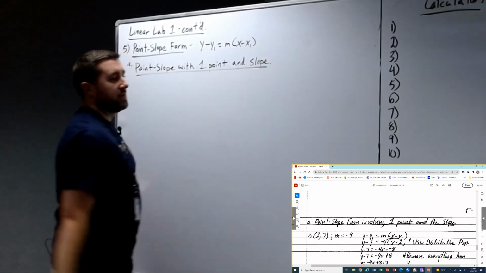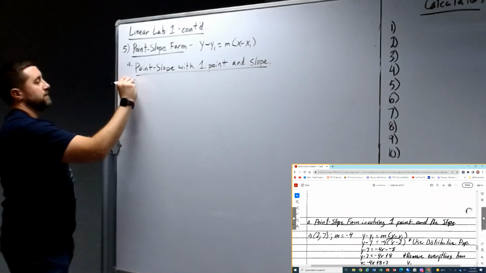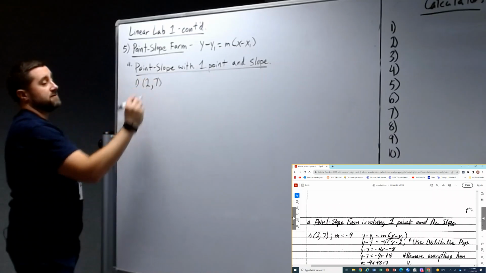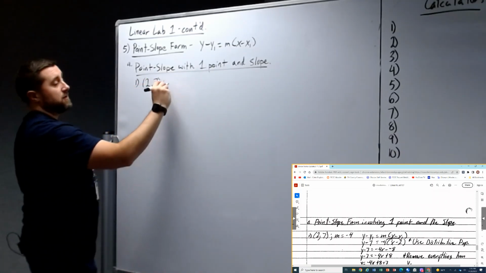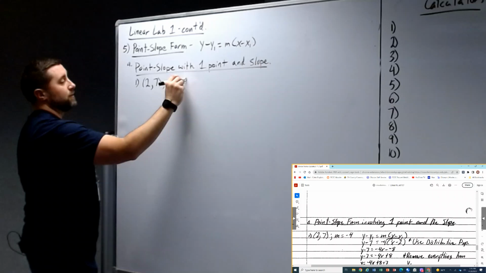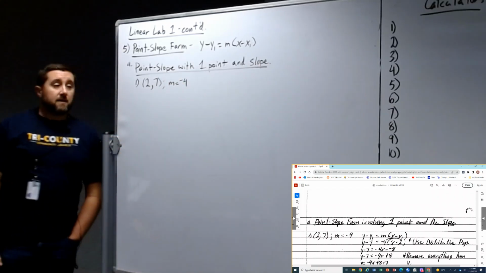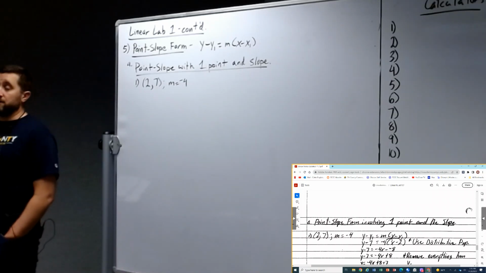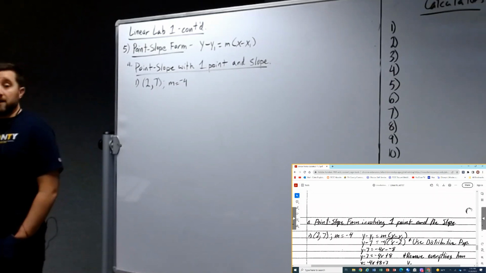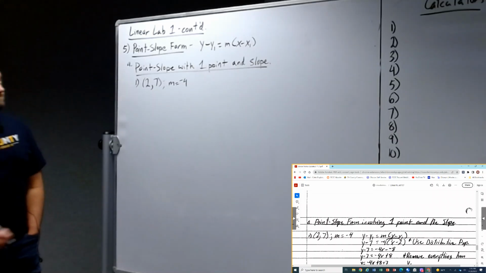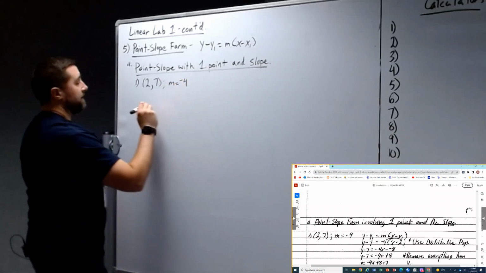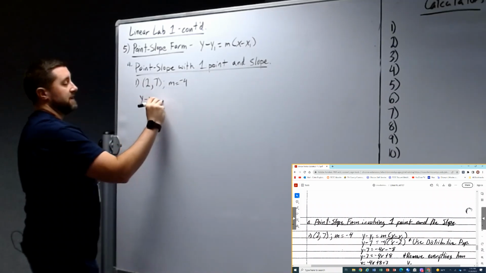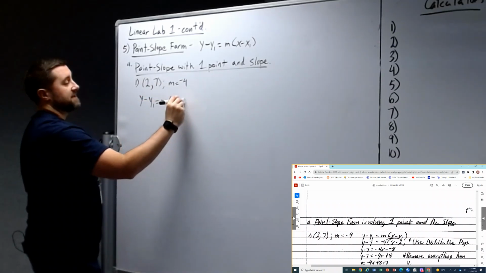Okie doke. So here's our first example. We'll call this number 1. You have a point of (2, 7), and you have a slope of -4. All right? So when the slope is provided for you, you can go ahead and jump right into point slope form. Y minus y1 equals m times x minus x1.